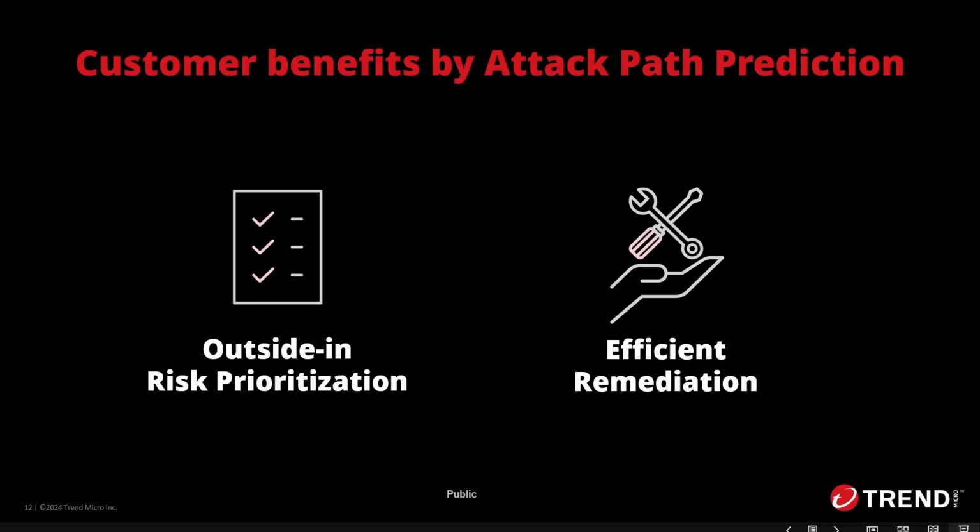So what benefit can you take from this feature from Trend Micro? Number one, you have a proactive approach instead of waiting in reactive mode like SOC teams, once the incident happens. You are proactive.